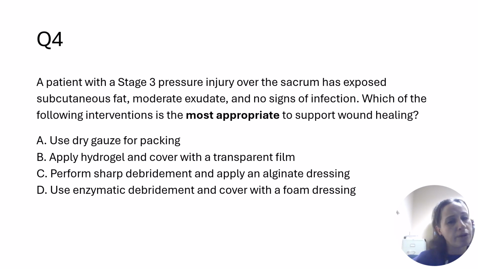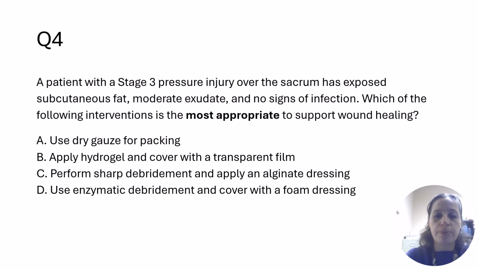It has moderate exudate, so we don't really need to add the hydrogel. That would be more for a minimally exudating wound. And then the transparent film, we know, has no absorption at all, so we don't want to use that, okay? And we need some absorption because of the moderate exudate.